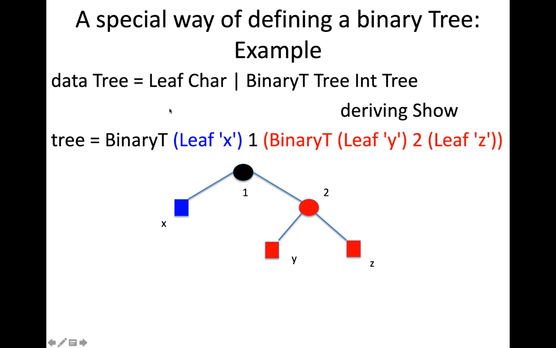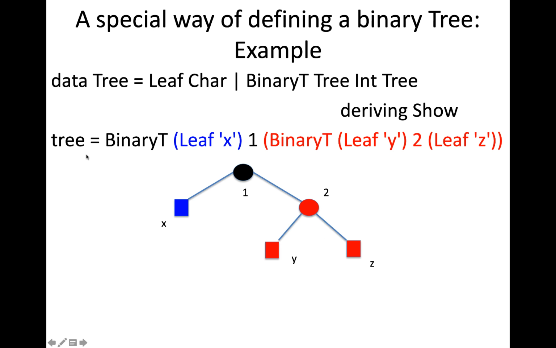So you understand this leaf is a data constructor, binary t is a data constructor, and tree is a type constructor, correct? So the picture shows one example binary tree, and how to implement this. We can write whatever variable we want to assign this tree with.